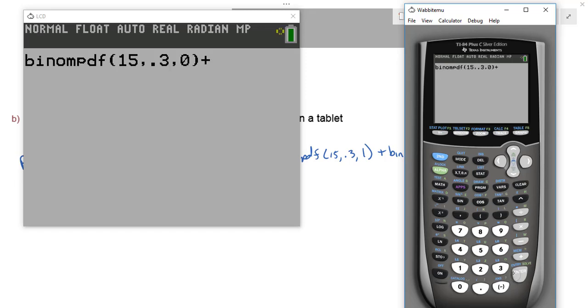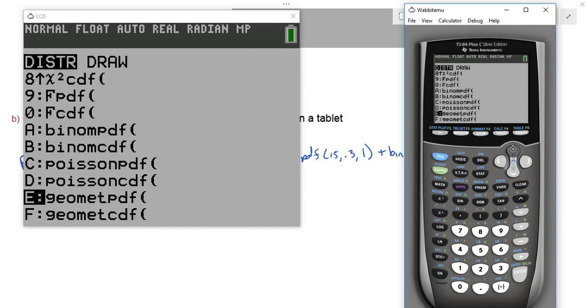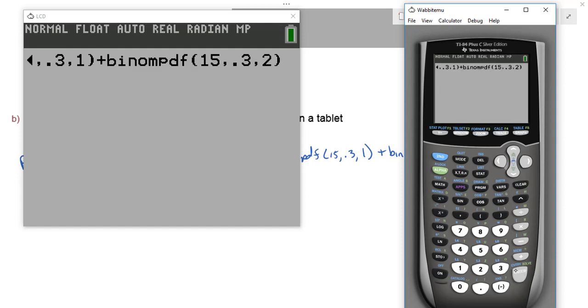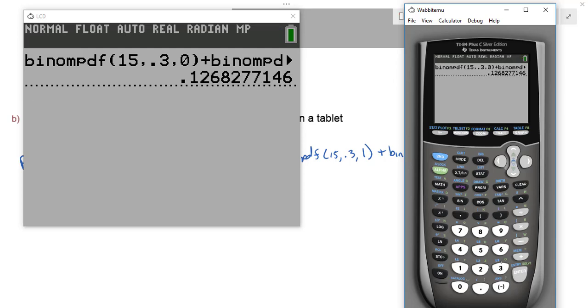We hit paste. We don't hit enter yet, we hit plus. We've got to do this again for 2. So second vars, go up to letter A, and we change that x value to 2, hit paste, and now we hit enter because I've got 3 of these in there with the x changing from 0 to 1 to 2.